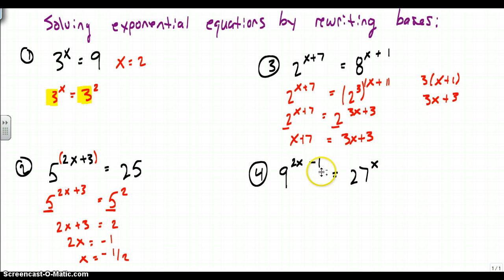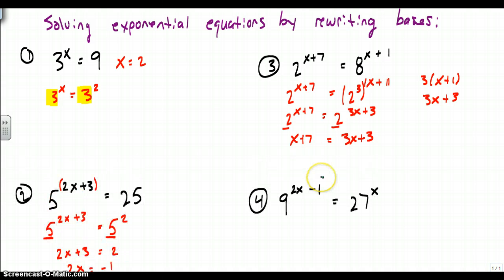Let me create a little bit of space here. Okay, so now I want to solve for x, so I'm going to subtract 3x from both sides and subtract 7 from both sides.